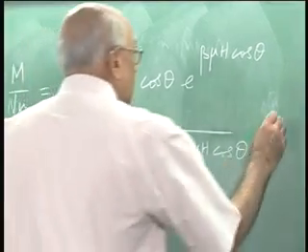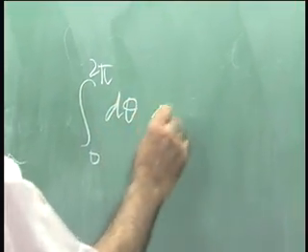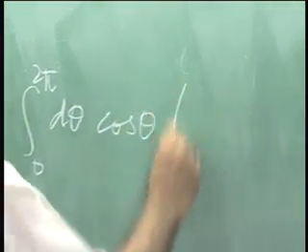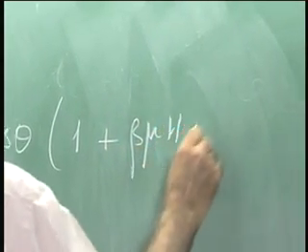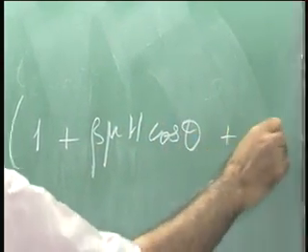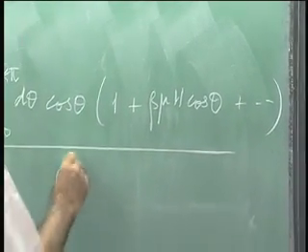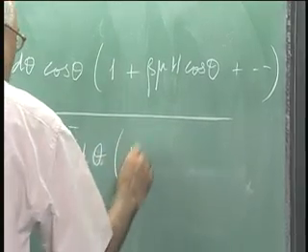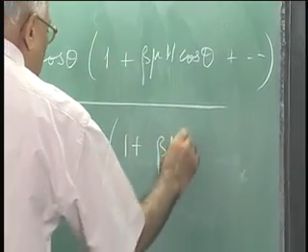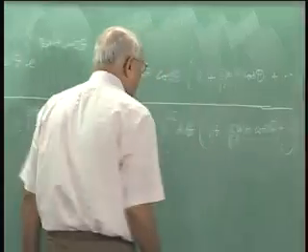So this is approximately equal to integral 0 to 2 pi d theta cos theta, and the first term is 1 plus beta mu h cos theta plus dot dot dot, divided by integral 0 to 2 pi d theta, and then 1 plus beta mu h cos theta plus dot dot dot. Okay.